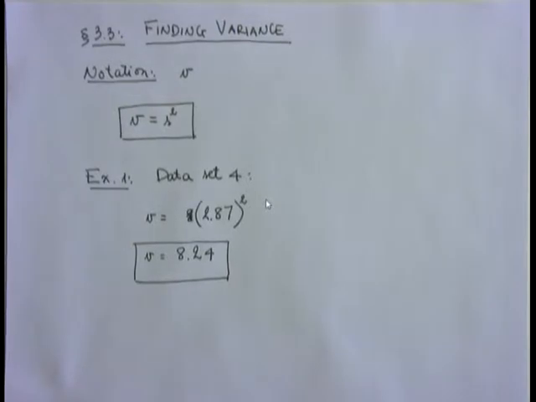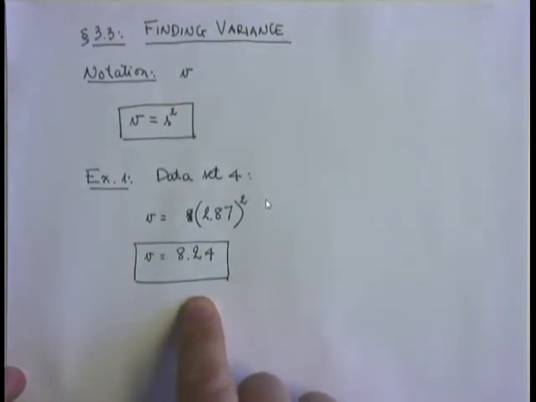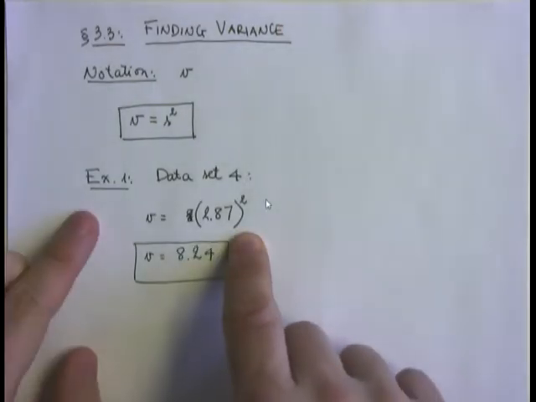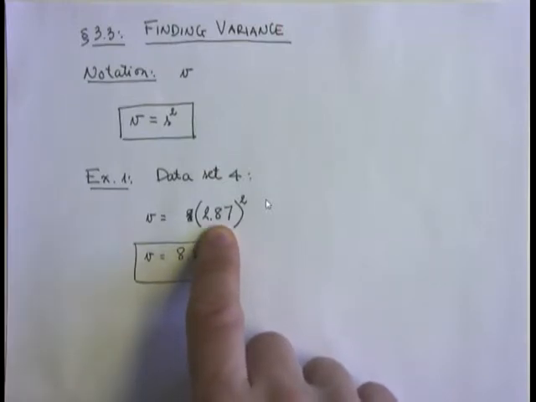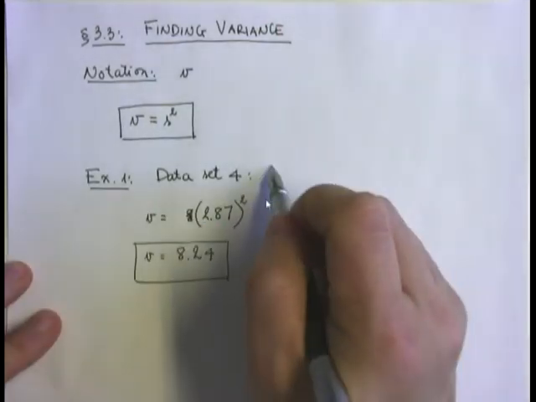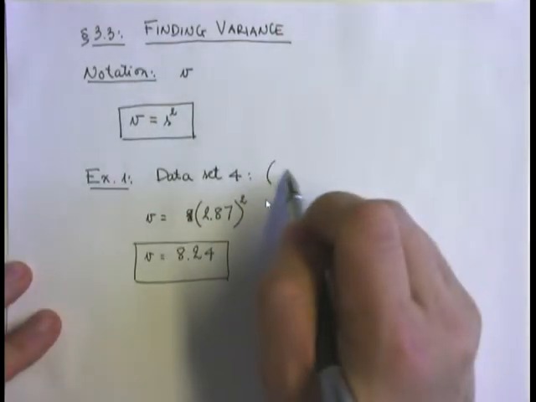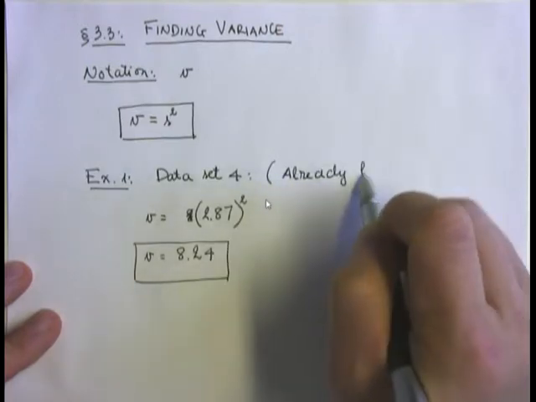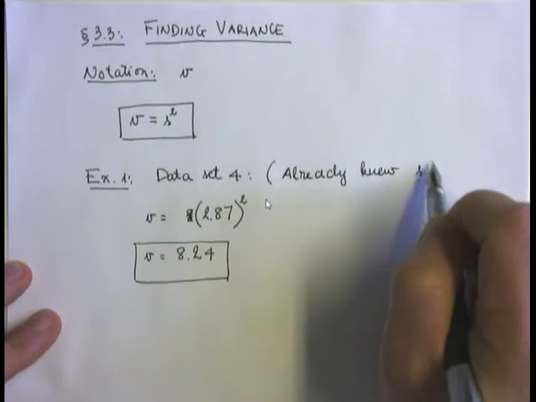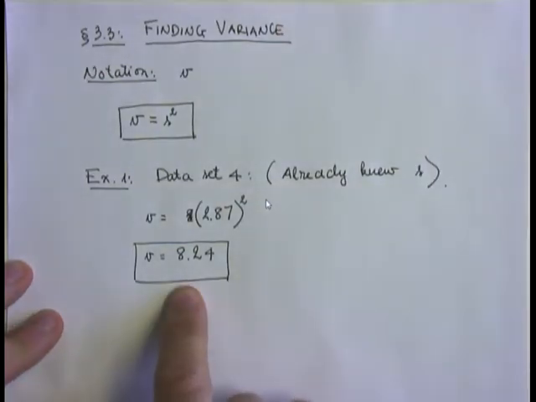Now, here's only one way we can find the variance. Finding the variance this way in example 1, we are assuming that we already know the standard deviation. So the scenario here is we already know standard deviation, so that we can go back and find the variance.